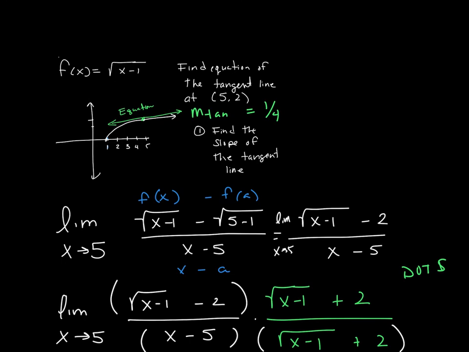The question wanted what the equation of this line is. So plugging that back into point slope form, y minus y1 is equal to m times x minus x1 gives me y minus 2 is equal to 1/4 of x minus 5.